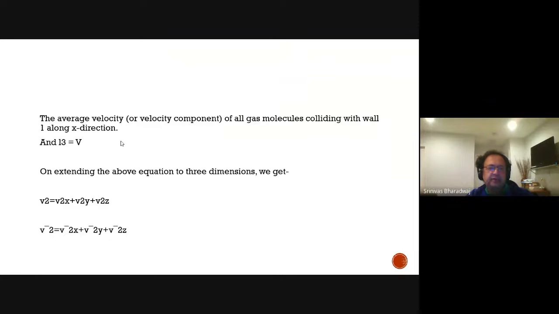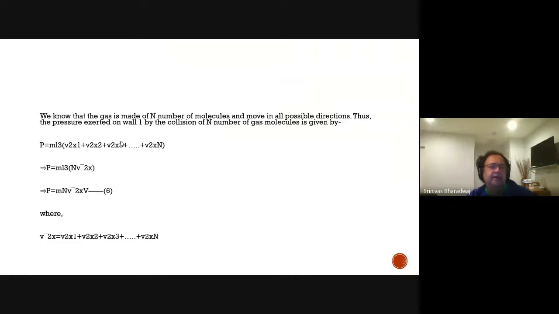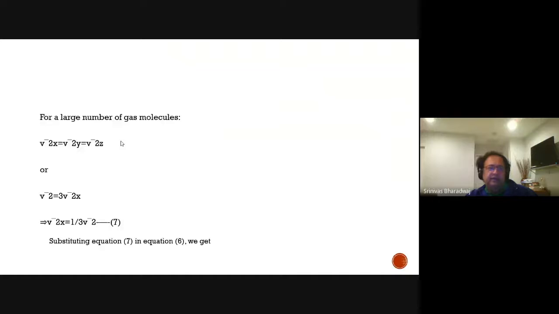Now the average velocity of all gas molecules colliding with a wall: you write v square equals vx square plus vy square plus vz square, right? The pressure exerted on wall 1 is given by all the molecules that push on wall 1 per unit area, and that's the whole way this calculation is done.